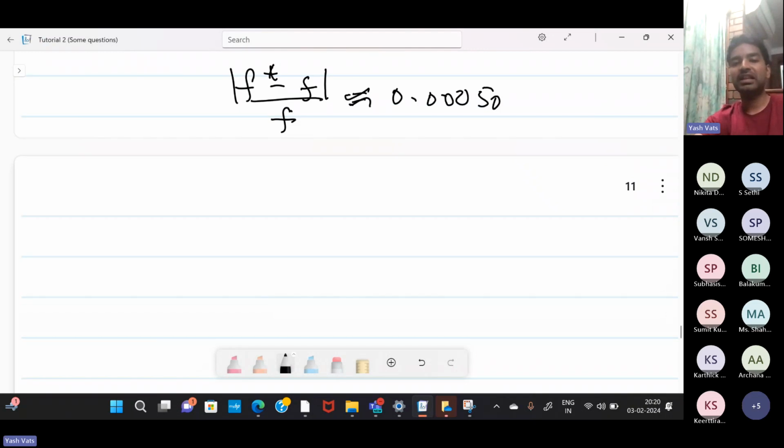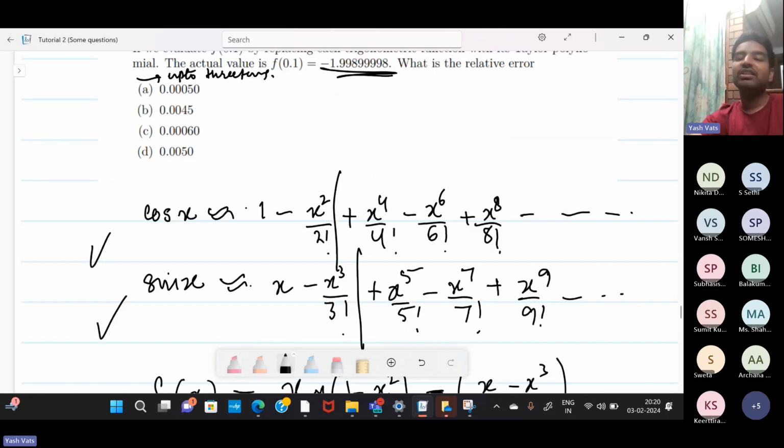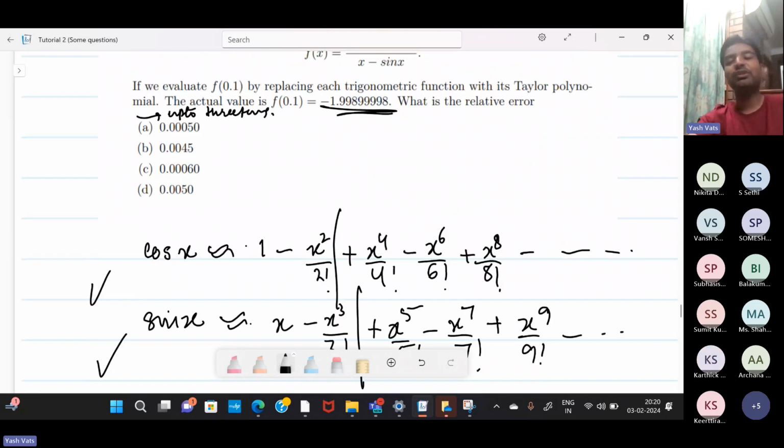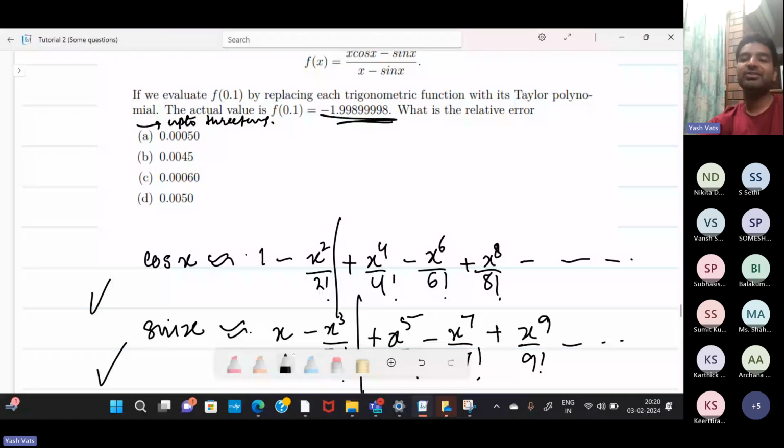So in the previous lectures, you have seen the MATLAB based things. Excuse me, sir, can you please explain why we are taking up to only the power of 2, that is x square by 2? Why we are not taking the further powers? Yeah, it can be, but it should be specified in the question. Here it is not specified.